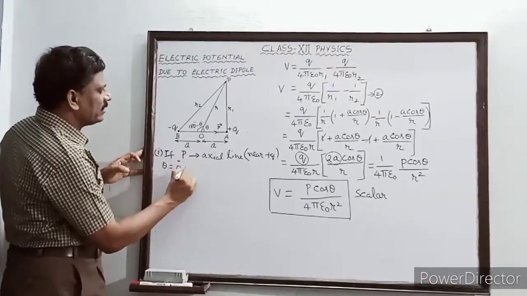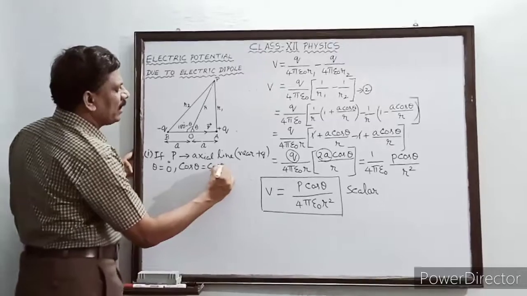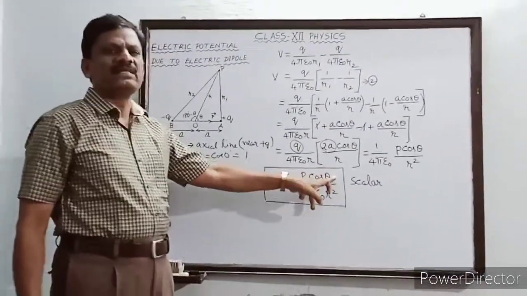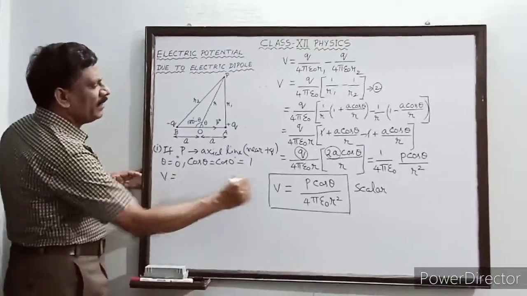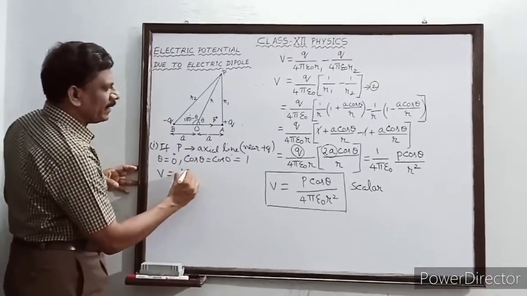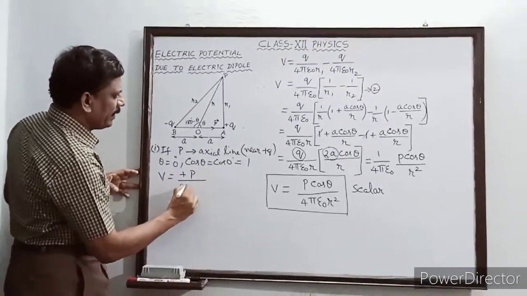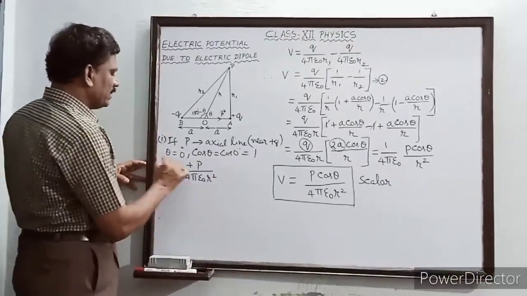Theta is equal to 0 and cos theta is equal to what? Cos 0 is equal to how much? 1. So, if you substitute cos theta equal to 1, therefore V is equal to positive, that is plus small p divided by 4 pi epsilon naught R square. So, the potential is positive.